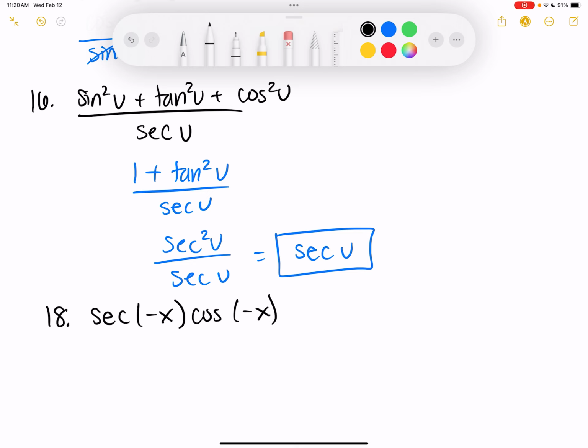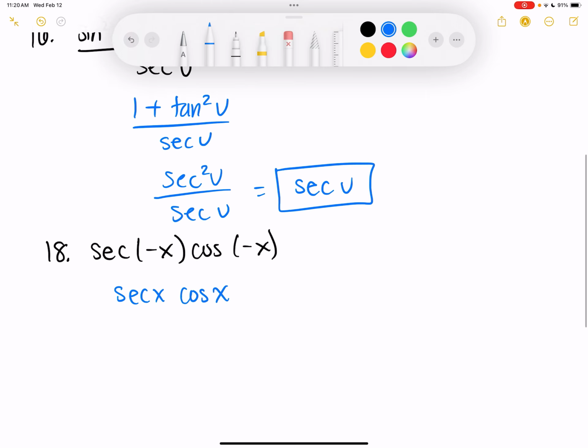Maybe secant, cosine. Yep. So the negatives just go away completely with these ones. So secant of x times the cosine of x. And then is there something I can rewrite? Make secant 1 over cosine. Yep. 1 over cosine times cosine. Everything cancels and I'm left with 1.